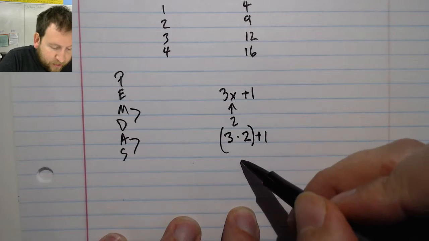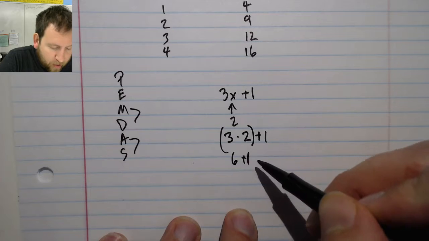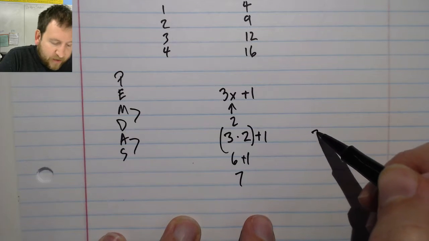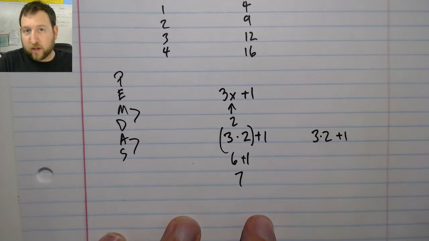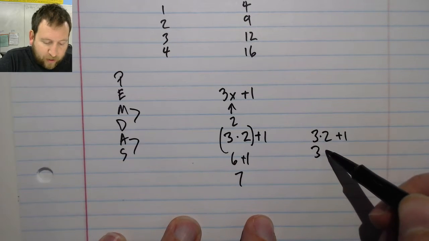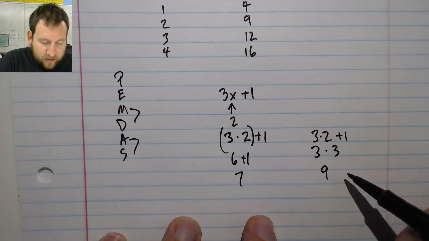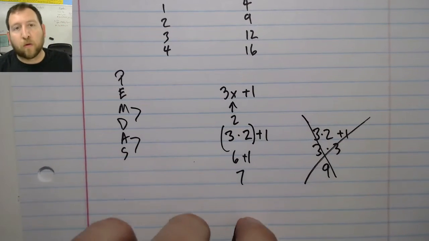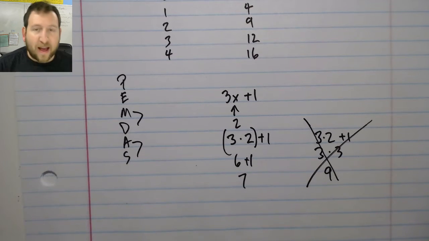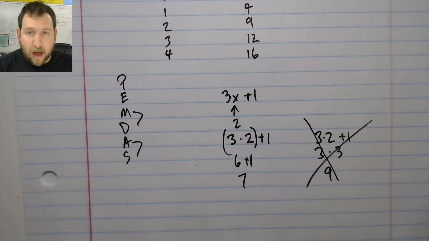This would give me 6 plus 1, which is 7. Whereas if I added first, which I should not do, it would give me 3 times 3, which is 9, and this is not correct. We must follow the order of operations when we're working with our functions. And that is key. The rest should be pretty simple and self-explanatory. And good luck.